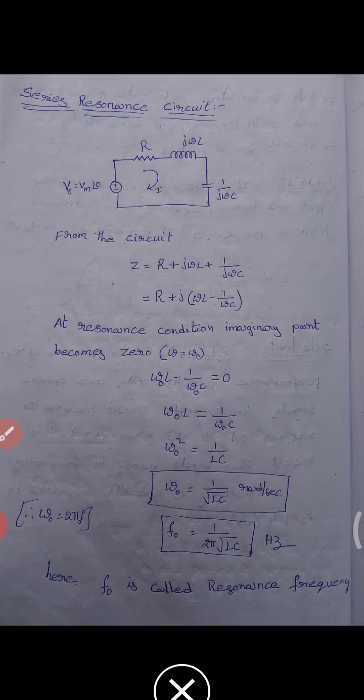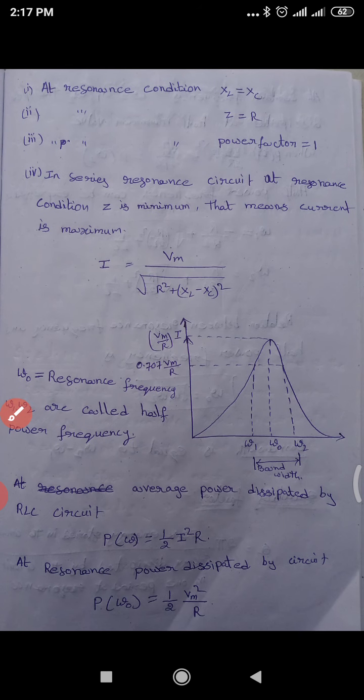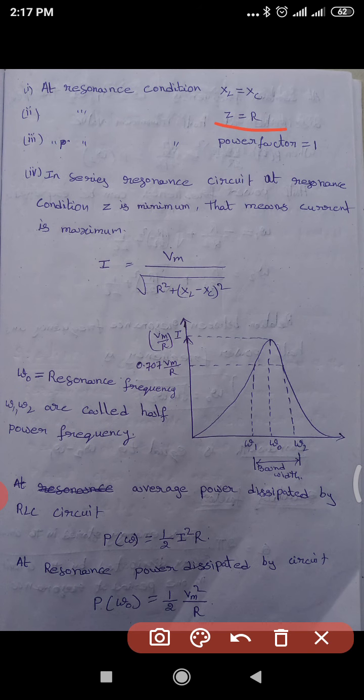Then this entire term becomes 0, and we get only Z is equal to R. That means at resonance condition, the impedance of the circuit is nothing but the resistance of the circuit, so the circuit acts like a pure resistive circuit.